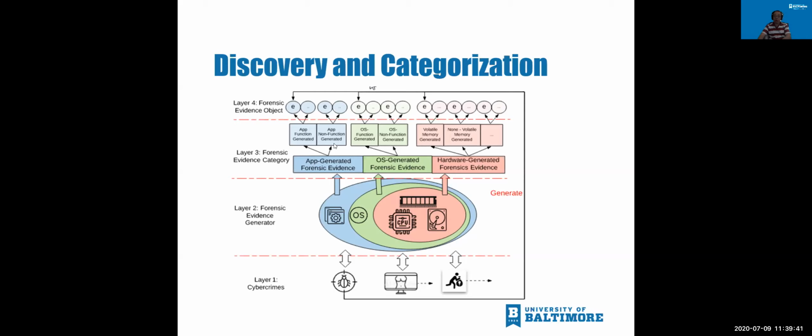And app non-function generated evidence means evidence generated by non-functional requirements of the application. For OS generated evidence, similarly, we can refine those into subcategories. And for hardware generated evidence, we can refine those into categories such as memory or non-volatile memory generated evidence, and so on and so forth. So layer 4 is a list of forensic evidence objects.